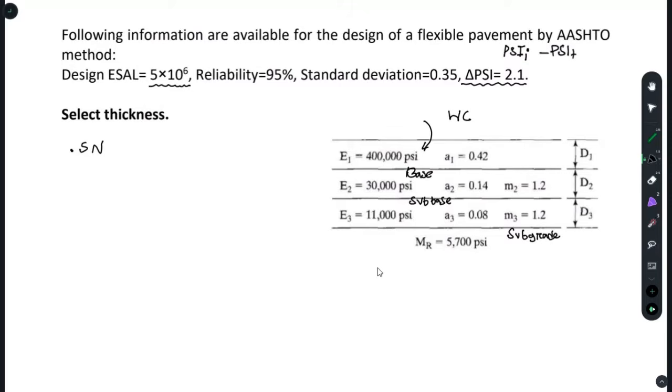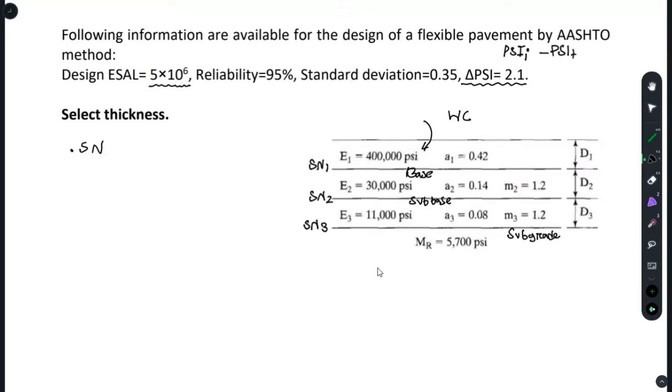So let's find out. Let's say for D1, we have a structural number SN1, and for D2, we'll find out the structural number SN2, and for depth D3, we have a structural number of SN3.